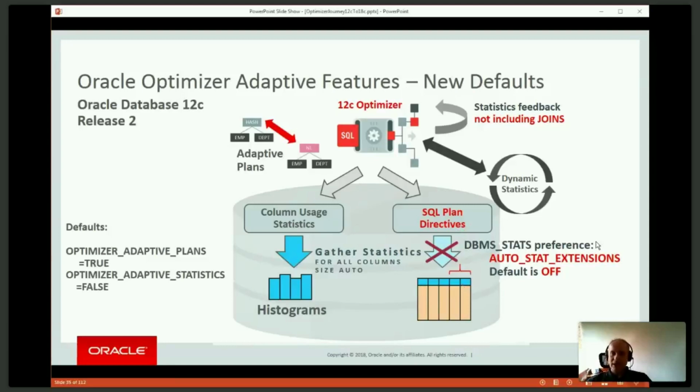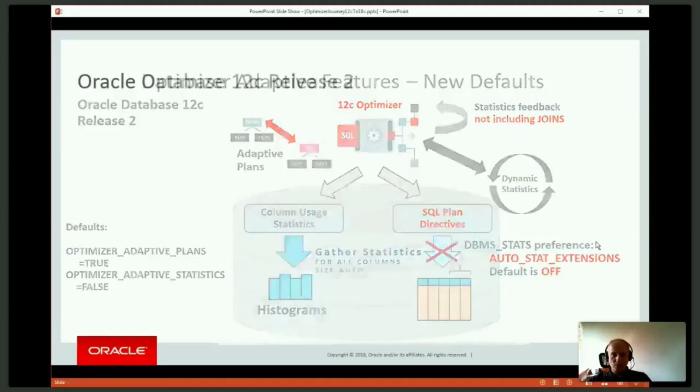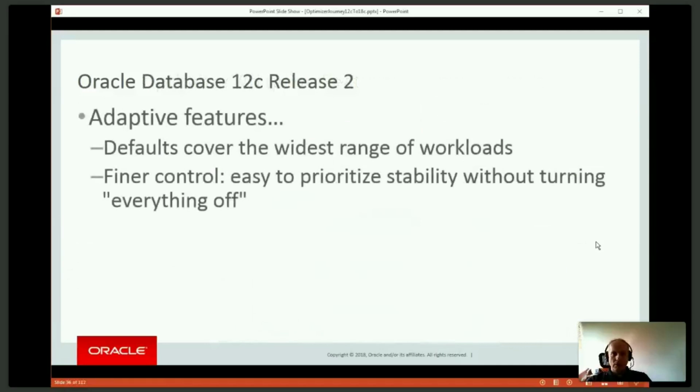So I guess the lesson, the takeaway from 12C release 2, is to use the defaults. In Oracle Database 12C release 2, the defaults cover the widest range of workloads. They offer finer control, so it's easier for you to prioritize query stability without turning all features off.